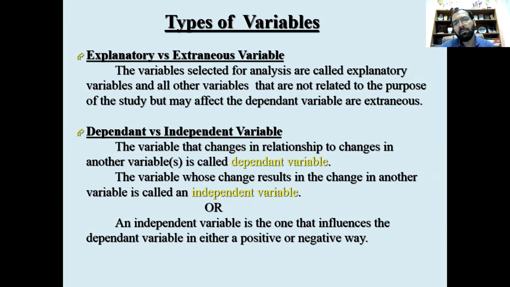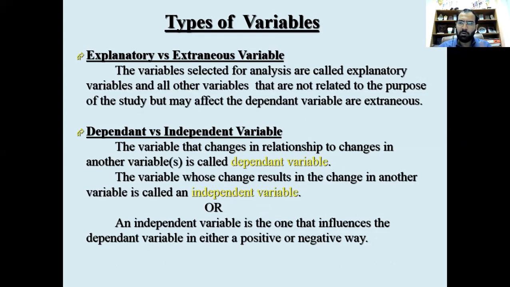And then further, we have a classification that is called dependent versus independent variables. Why? Because we need to build relationships among various variables. So we want to see what is the effect of one variable on the other. Let's assume if the dollar rate changes, how does it affect the inflation?